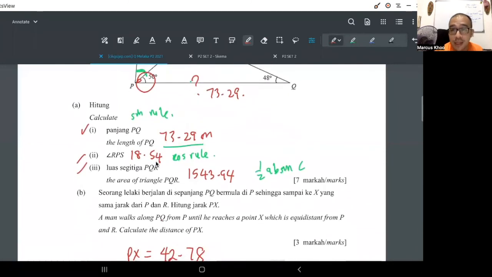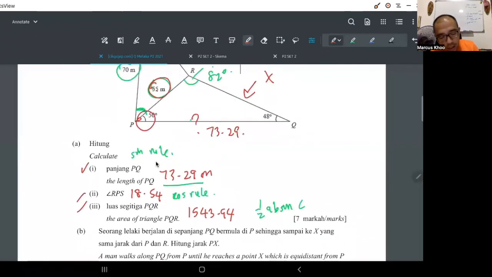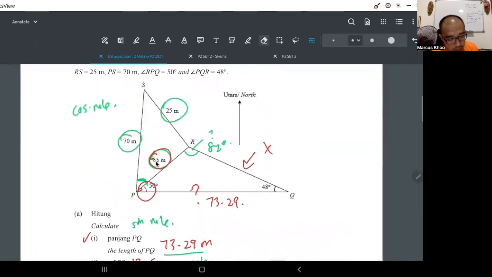Okay, but the question B is the interesting one. Okay, and I found it interesting because it is a little bit different than normal. Okay, it's a little bit different, only a little bit, so don't worry. Hold on, now let me rub this off first. Okay, 73.29.